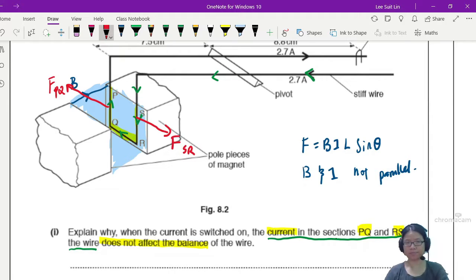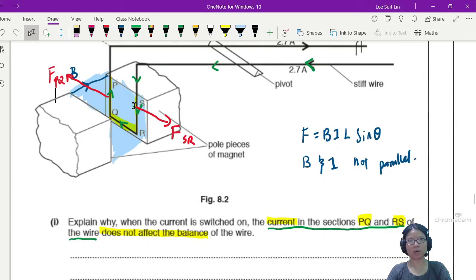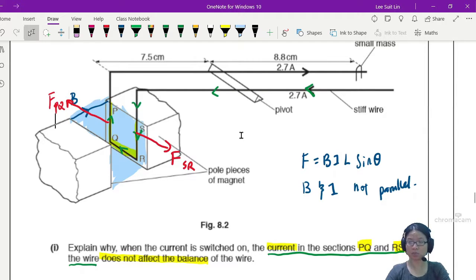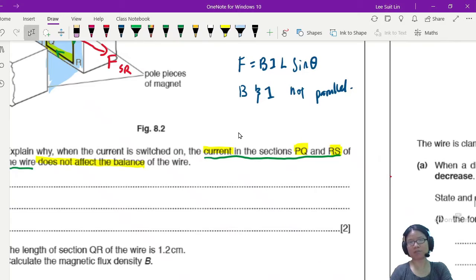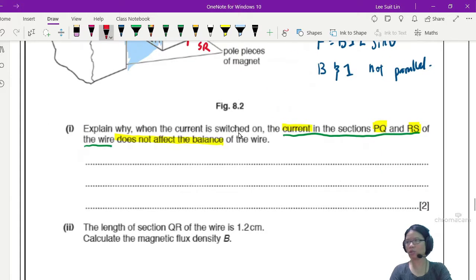It doesn't affect the balance of the wire because, number one, they are horizontal, which means they are parallel to the pivot. If you apply a force parallel to the pivot, then there's no net torque. It's a bit like, if you draw top view, this is your pivot, then you apply force in this direction, there is no net torque. Or another way you could look at it is that they create no moment. So that will be the first point.